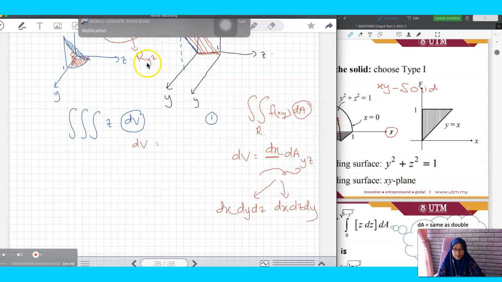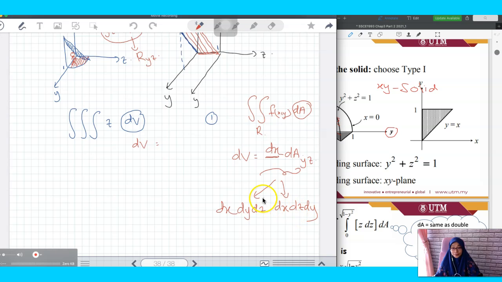Since your region is on yz, the dA should be dy dz or dz dy. The remaining variable should be x. So now you have dx dy dz, or dx dz dy. From 6 options, it reduced to only 2 options.